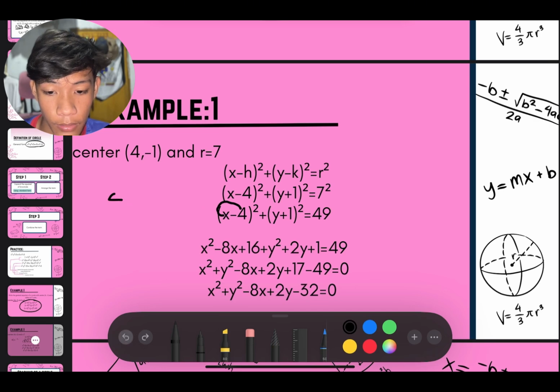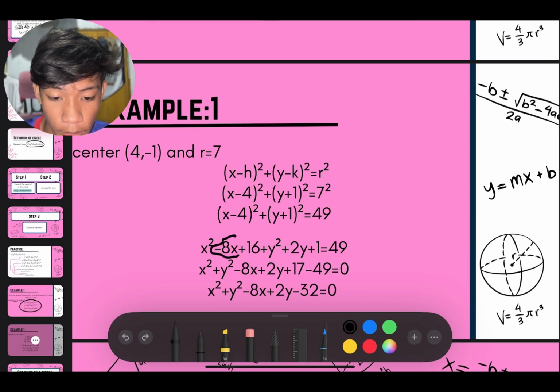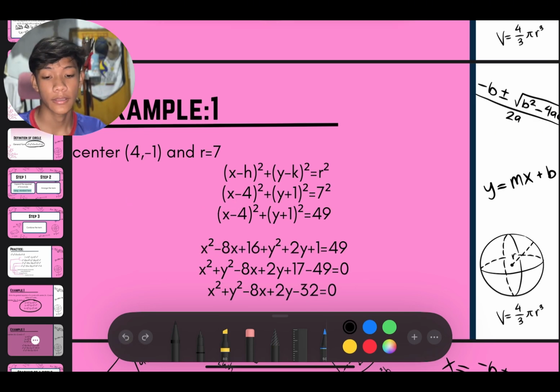That's how we get the negative 8x. Then the last term is multiplied twice: 4 times 4 is 16. That's how we get this 16 right here. Same process for y plus 1. That's how we get this 1.